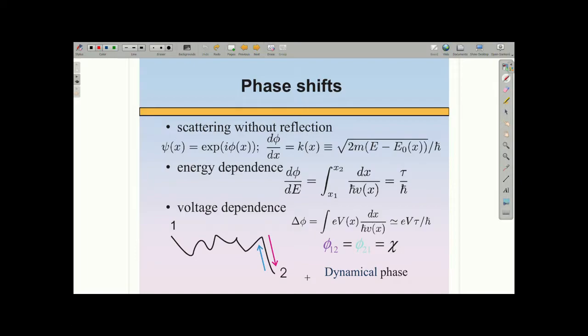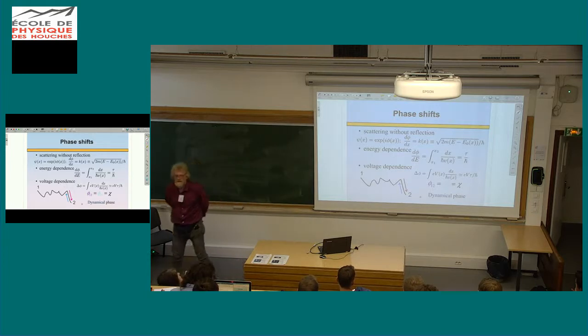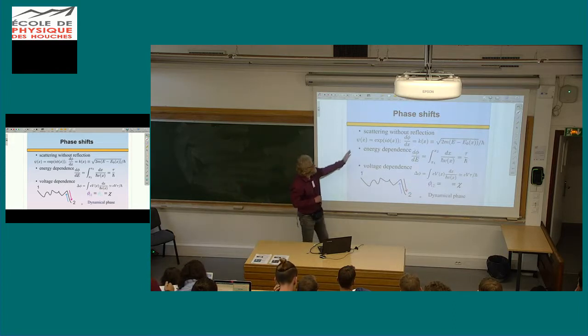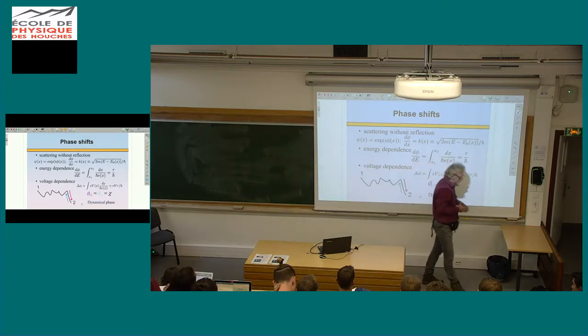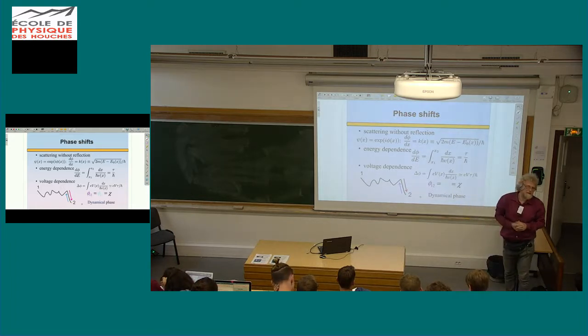Double-slit experiment. Let me go on. Let me talk about phase shifts, which can be acquired in the context of quantum transport. Let me keep it simple. Let me first consider a one-dimensional channel, and let me assume no reflection. Then one could say, well, it's boring, nothing could happen to this electron. Many things can happen. How come? In this case, the wave function is just a phase factor, but this phase can have non-trivial dependence on x, which is very simple to compute.